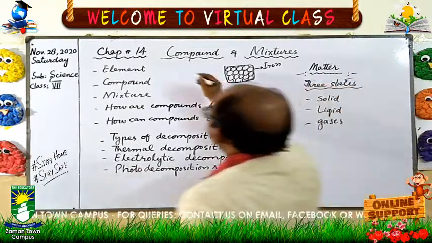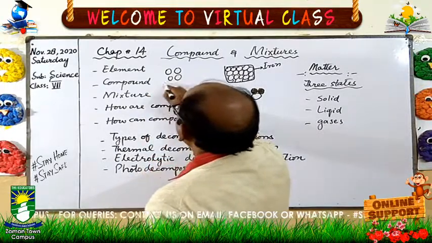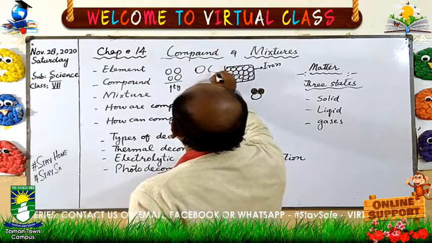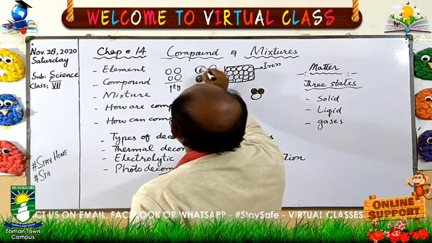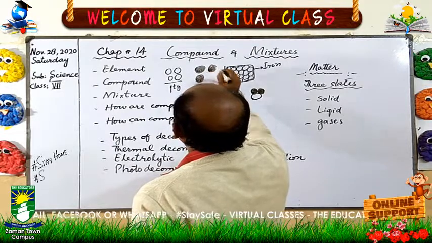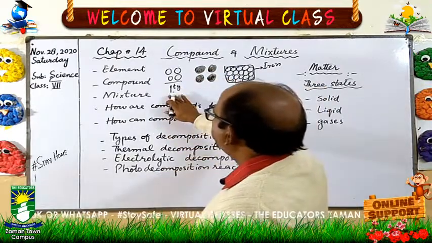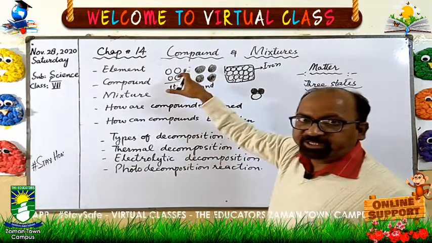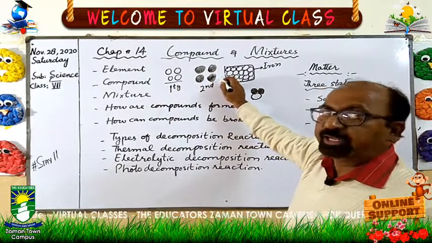For example, these are the elements of one type and these are the elements of another type. For example, first type and this is a second type. These are different atoms of an element and these are the atoms of another element.